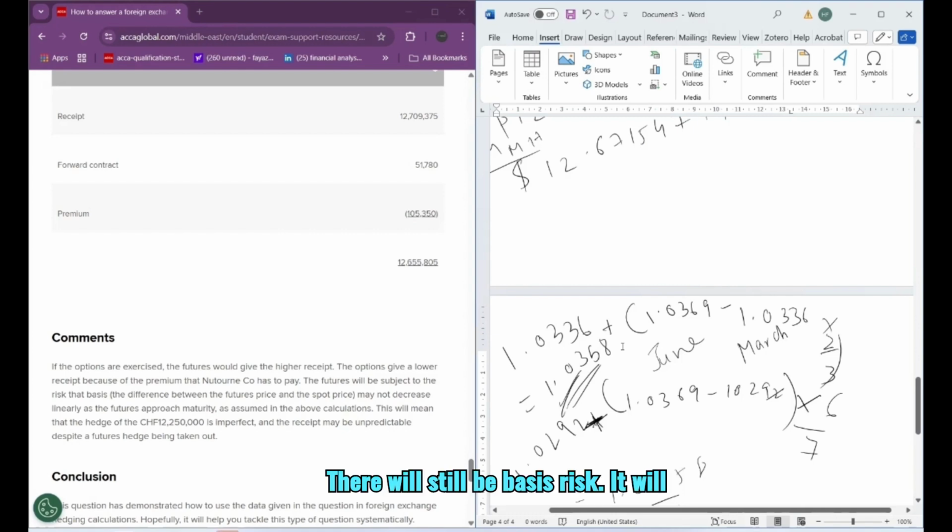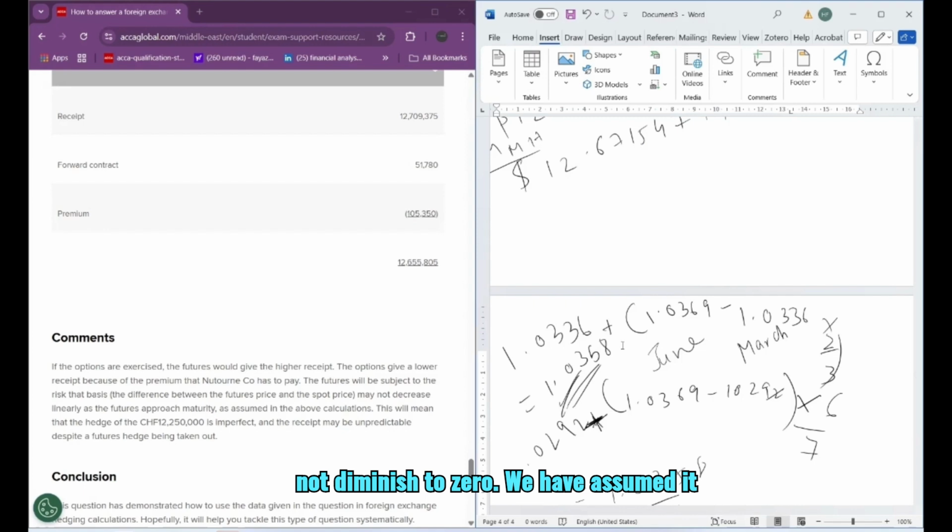There will still be basis risk. It will not diminish to zero. We have assumed it will diminish to zero, but it may not decrease linearly as the futures approach maturity. What if it is increasing itself? We don't know about the real market conditions. So all these are the risks associated with it.